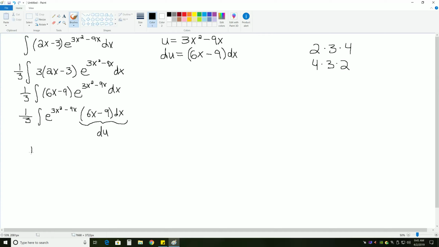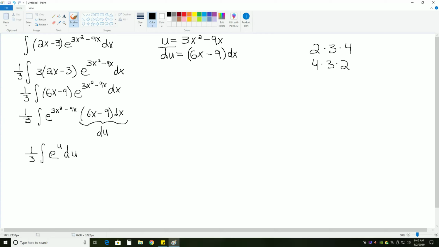So we get 1/3 times the integral of e to the 3x squared minus 9x is now our u. So we get e to the u and 6x minus 9 dx all becomes du.